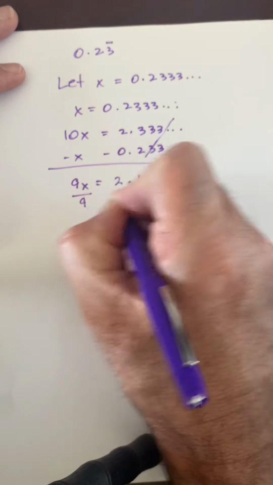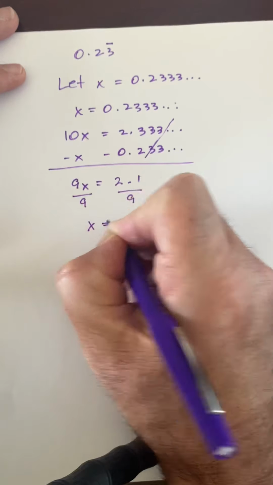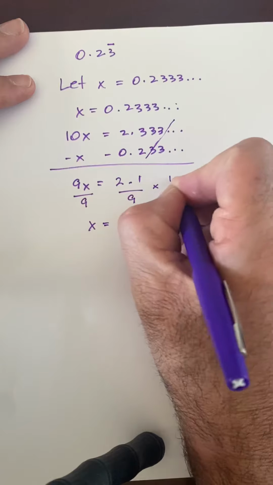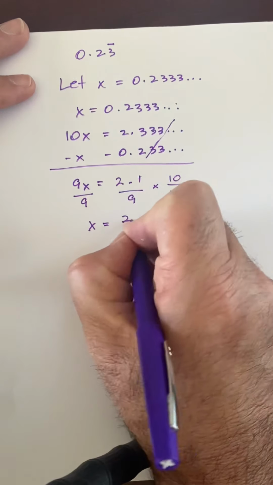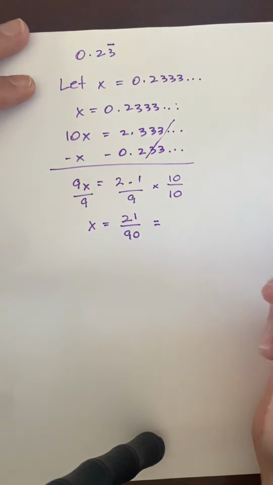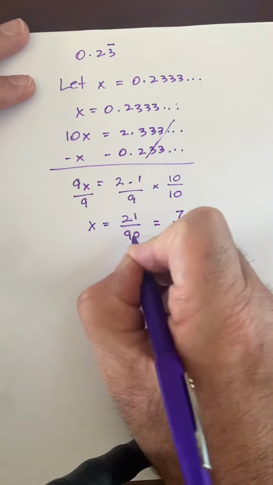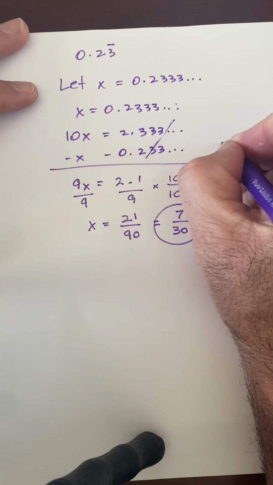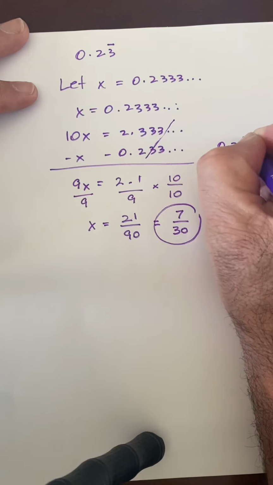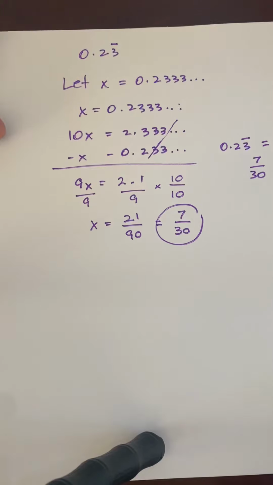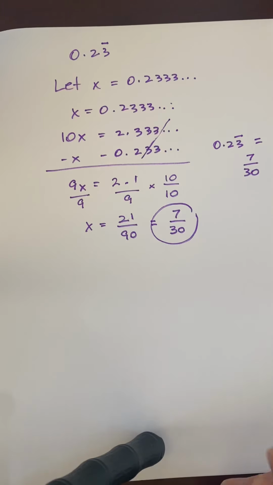So now, divide by 9. That's not a simplified fraction. So what I'm going to do is get rid of the decimal, make it 21 over 90, and then I'll divide by 3 and divide by 3. So 0.23 with the 3 repeating is equal to 7/30.